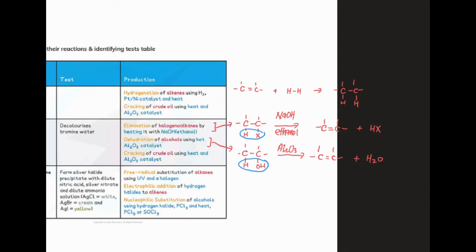elimination of water. And the third way is written here: cracking of crude oil using heat and aluminum oxide catalyst. Same as before, cracking of crude oil produces alkene and alkane. So alkane can be a product, and alkene must be a product also.